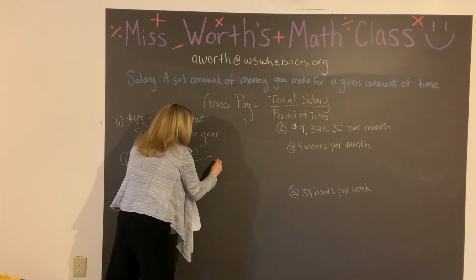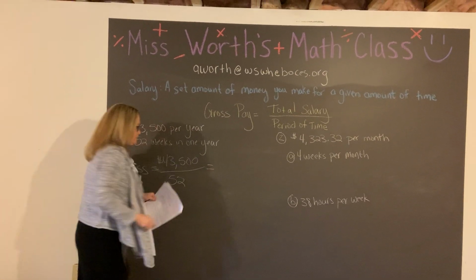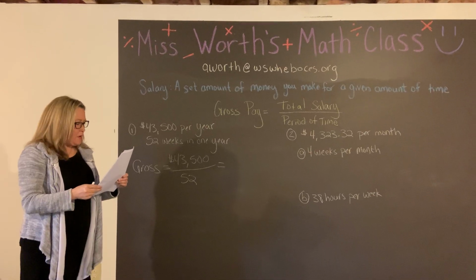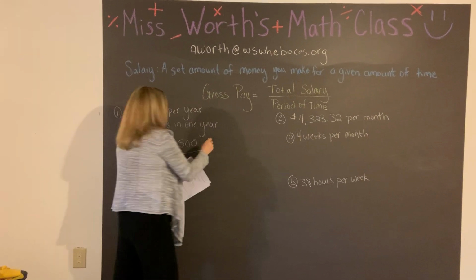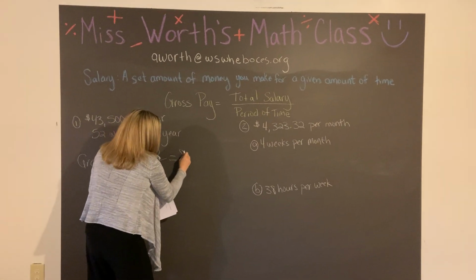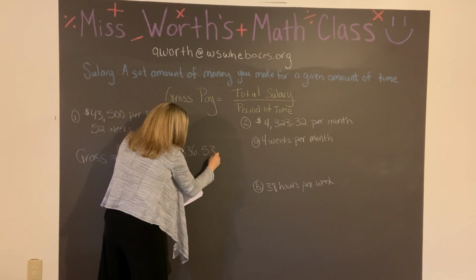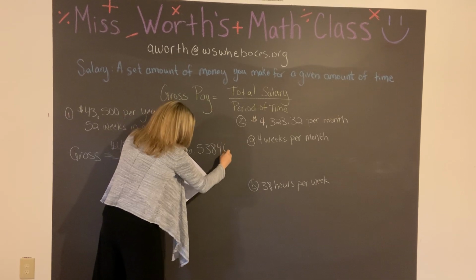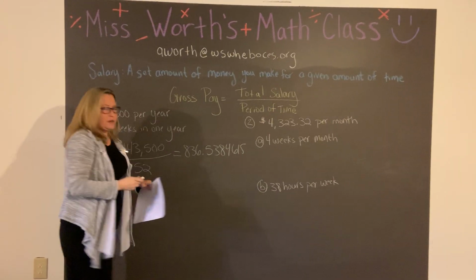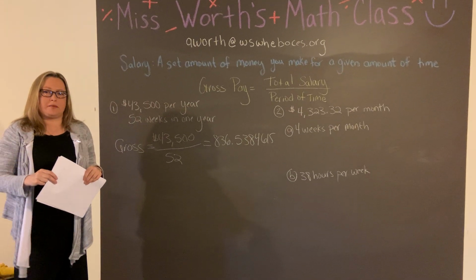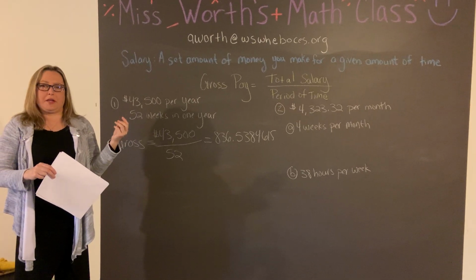When I divided these, I got that I make per week 836.5384615 in my calculator. Okay, what are we talking about again? Talking about money, right?